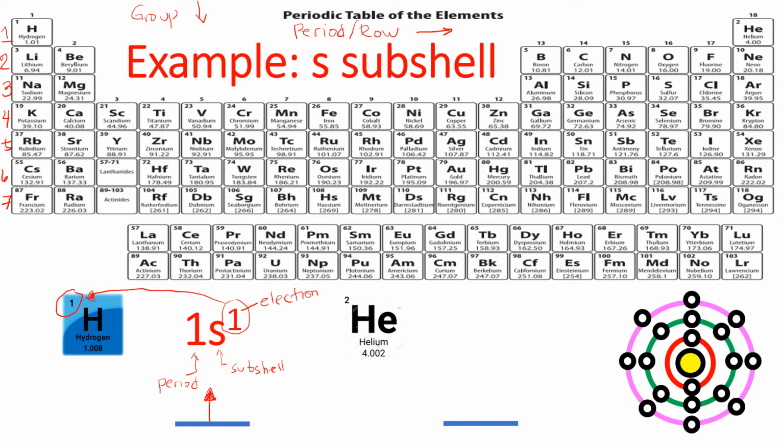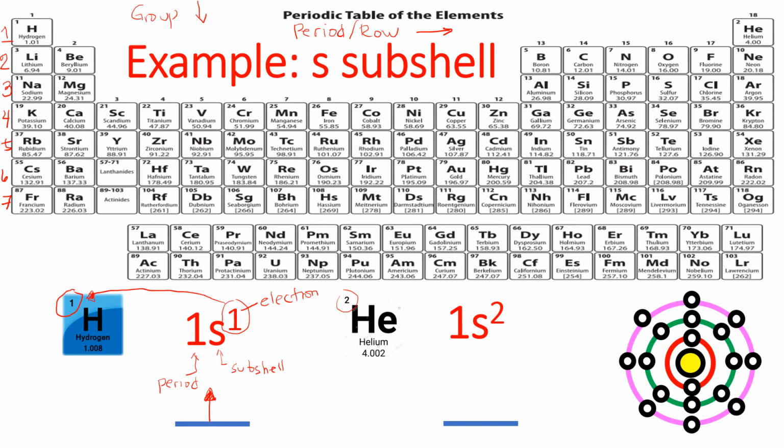Now, let's go with element helium. Your element helium has an atomic number of 2, so it has 2 electrons. It will go like this: 1s2. Remember that your s subshell can hold up to 2 electrons. So for your s subshell, the maximum number of electrons it can hold is only 2.